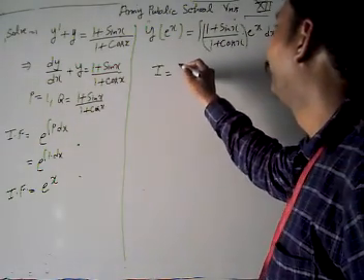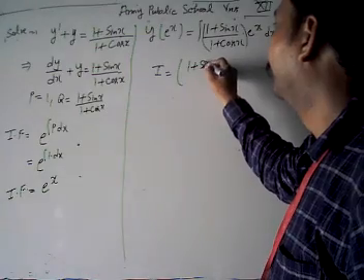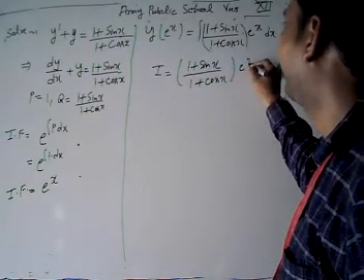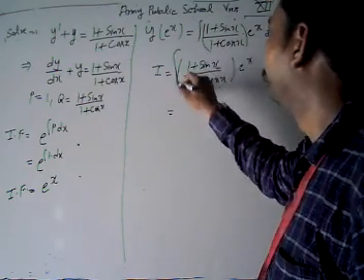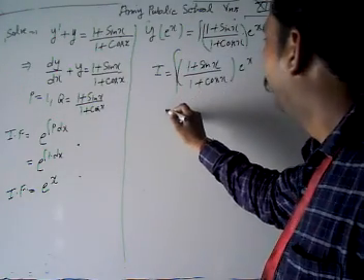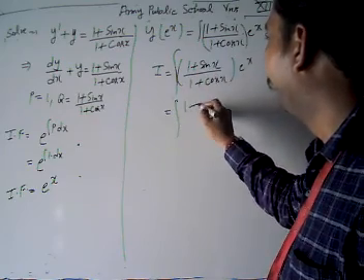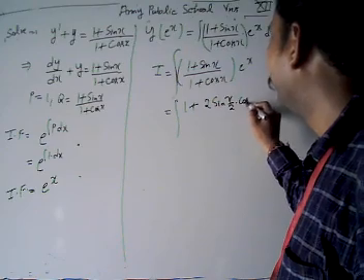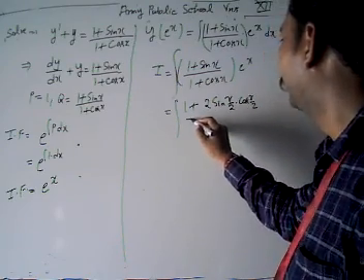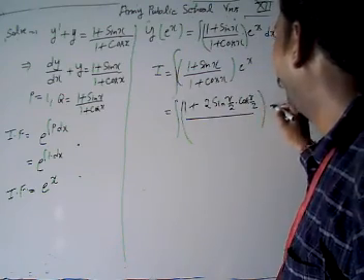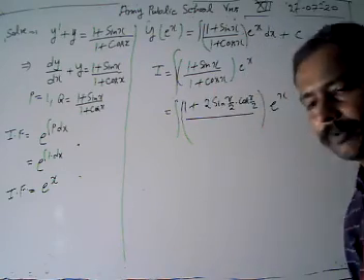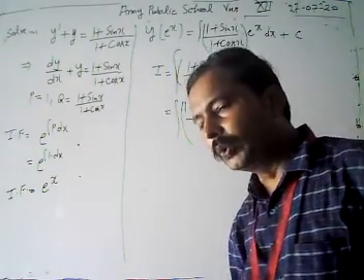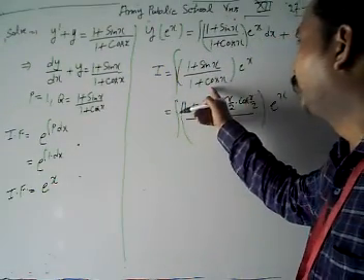Take I equal to the integral of (1 plus sin x) upon (1 plus cos x) times e to the power x. Now look, what we do is expand sin x as 2 sin(x/2) cos(x/2). Further, in place of cos x we can put 2cos²(x/2) minus 1.